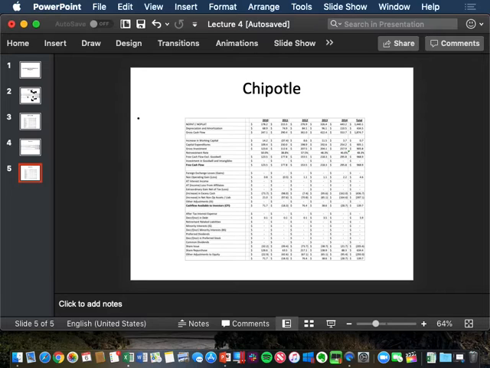All right. So, what was Chipotle's free cash flow? 968. What was Chipotle's reinvestment rate? 40%.